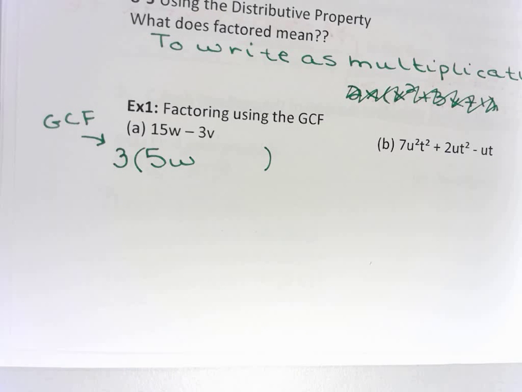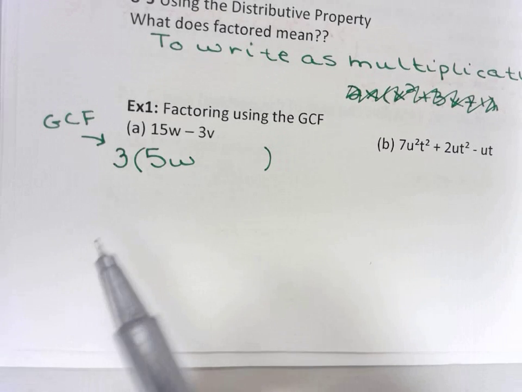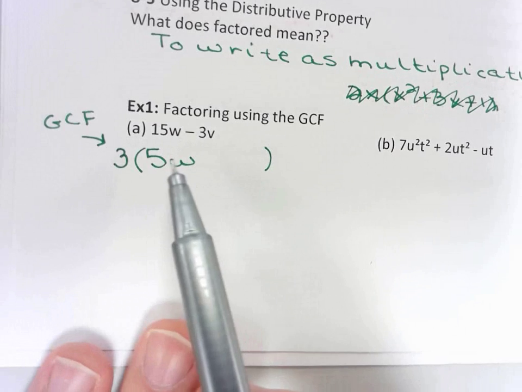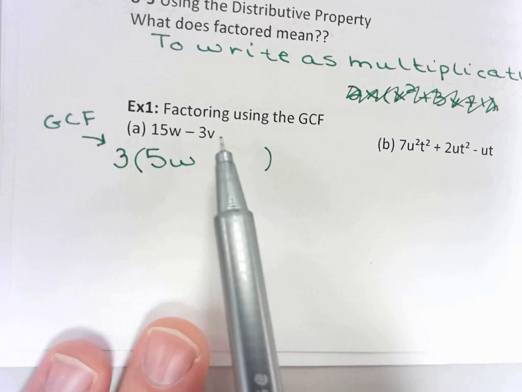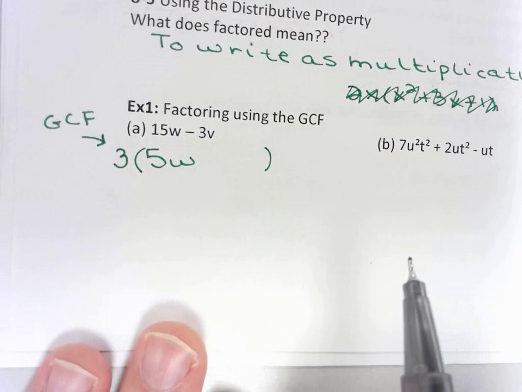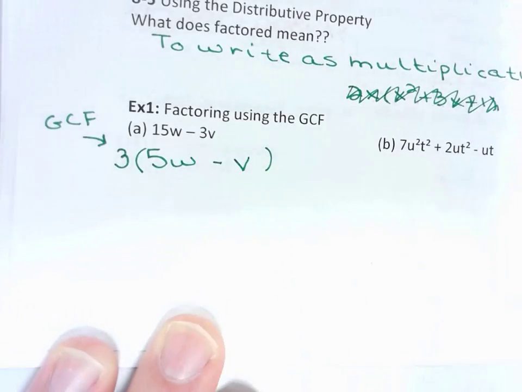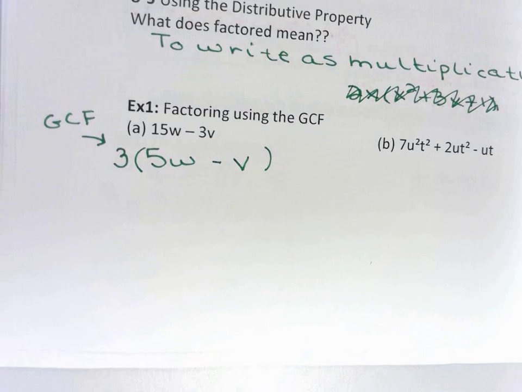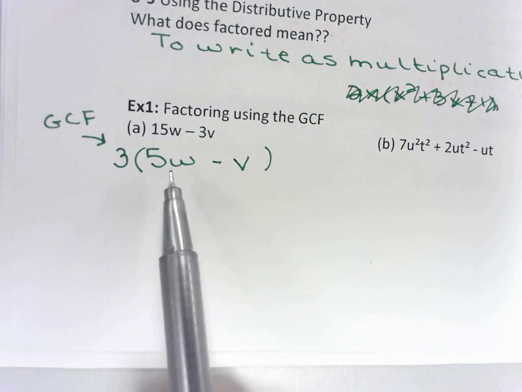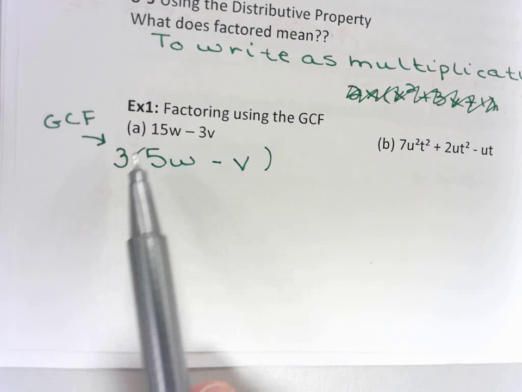And then you reverse distribute. 3 times what gives me 15w? 5w. 3 times what gives me negative 3v? Negative 1v, or just negative v. You don't really need the 1 in front. Now, is this factored?